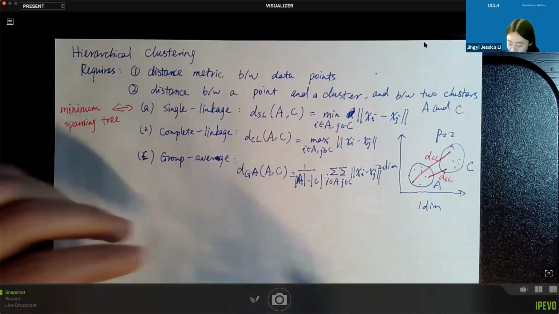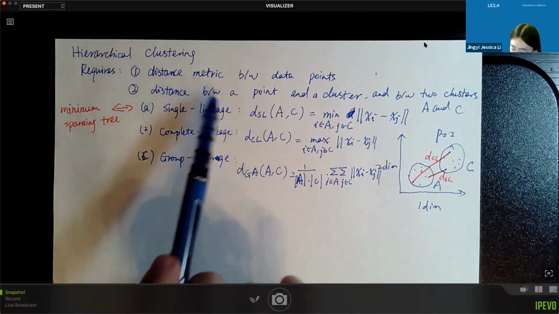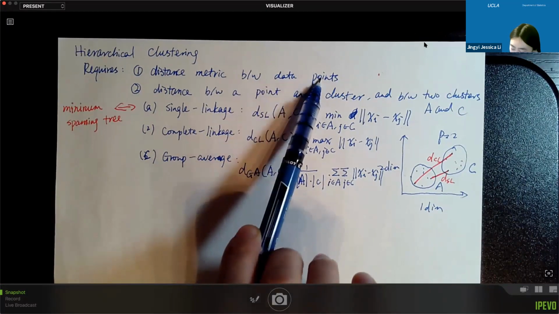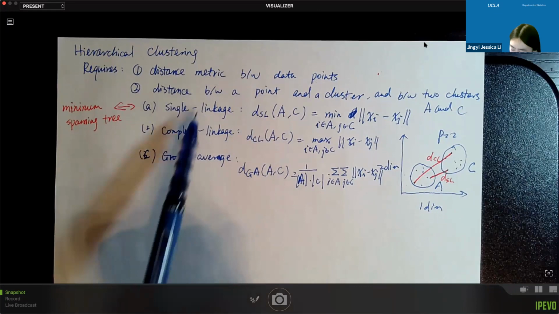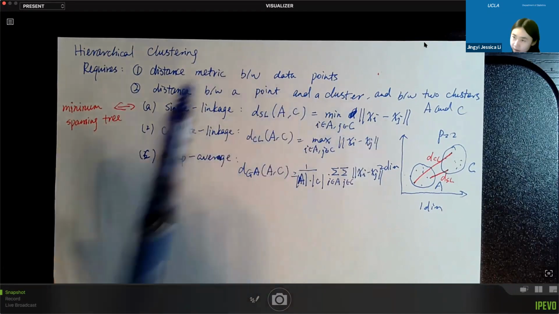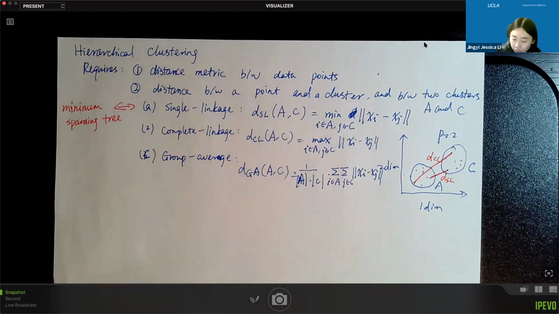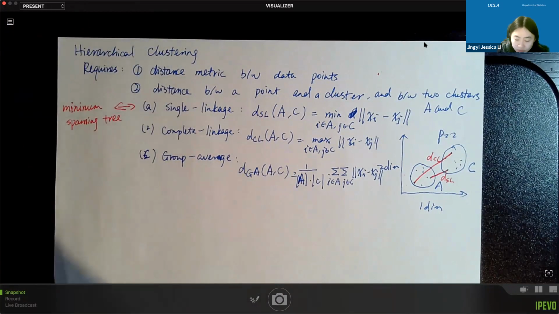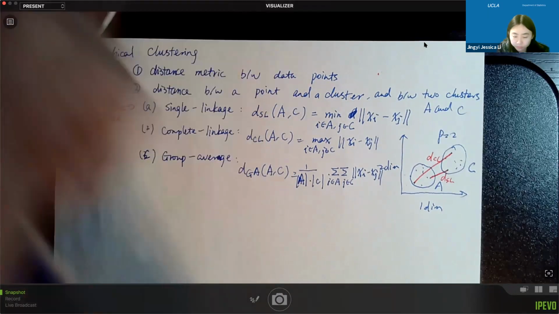So this definition, whether you use say Euclidean or L1 norm for between data points distance, or whether you use single linkage, complete linkage, or group average for your between cluster distance, their combination will determine the hierarchical clustering result you will obtain. Let's give one example to show you how it actually works.